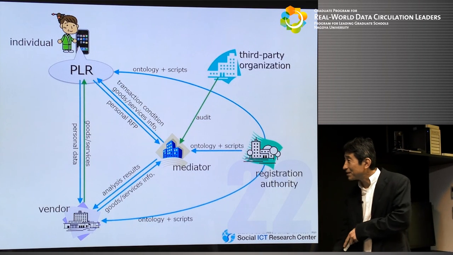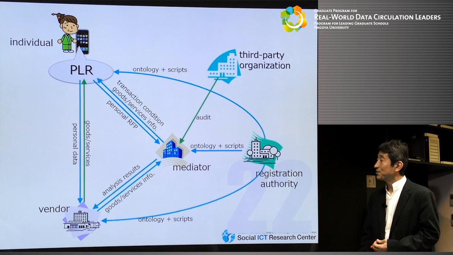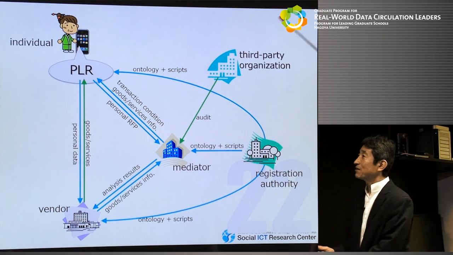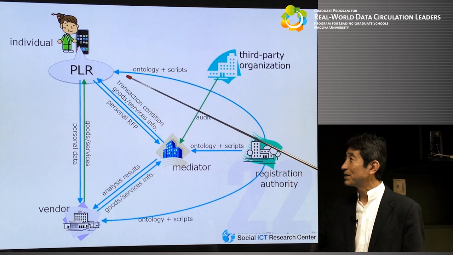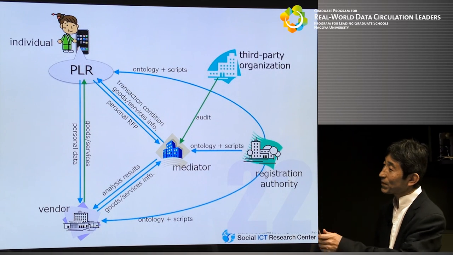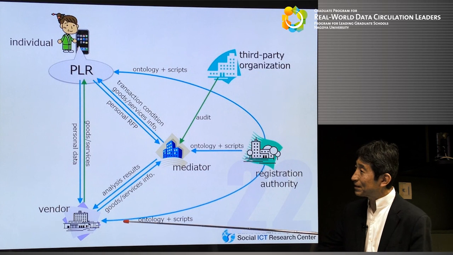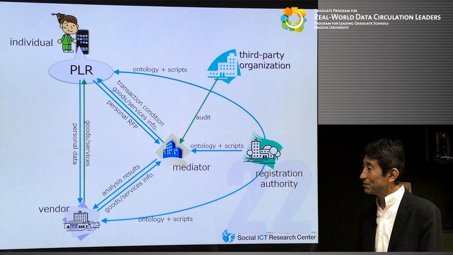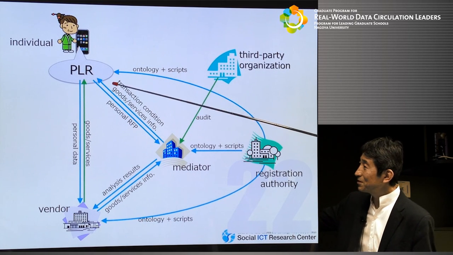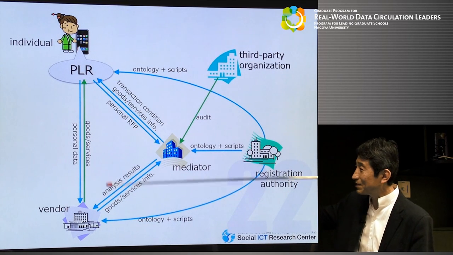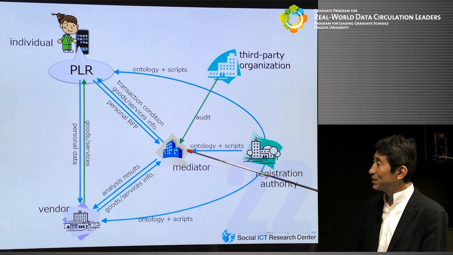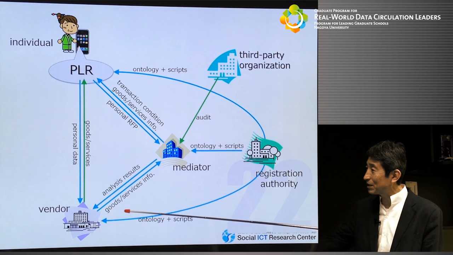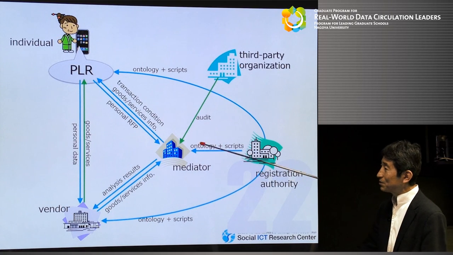Okay, this is the social relationship among different sorts of players in this whole picture. Individuals would be operating PLR or decentralized PDS. And there are many vendors communicating and transacting with individuals. Before actual transaction between these two, you must match individuals' needs and vendors' services or products, and that matching is up to the mediator.